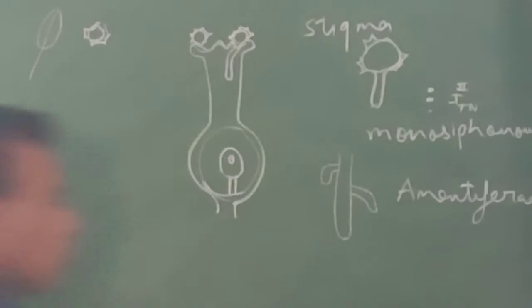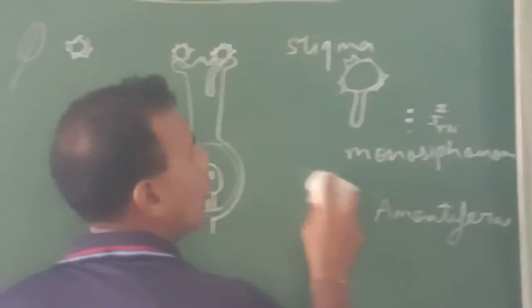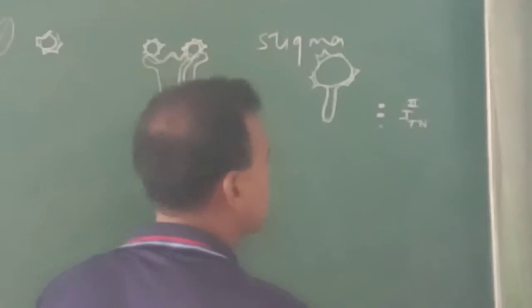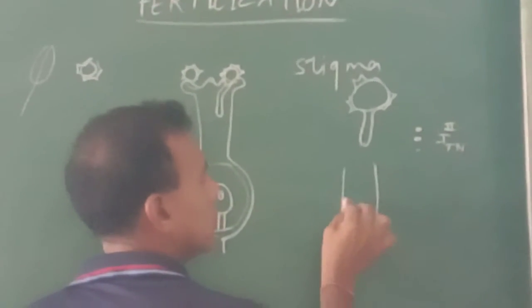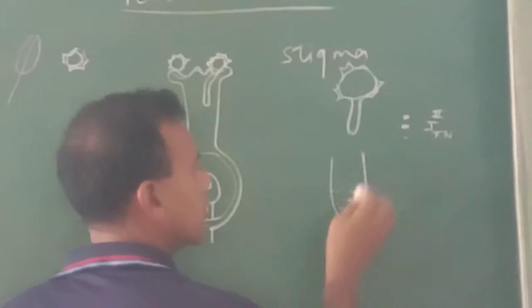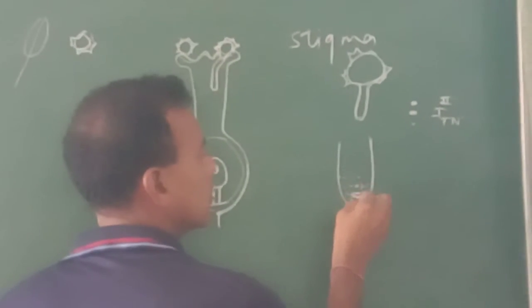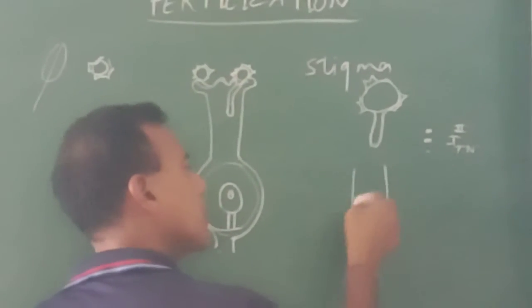The pollen tube on its apex has got the cytoplasm and these three nuclei: tube nucleus, sperm cell 1 and sperm cell 2.